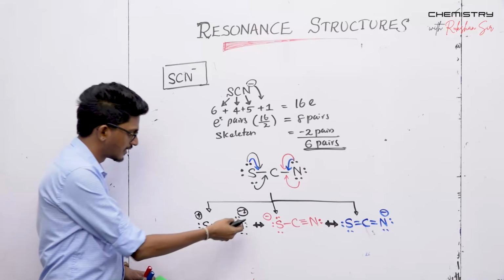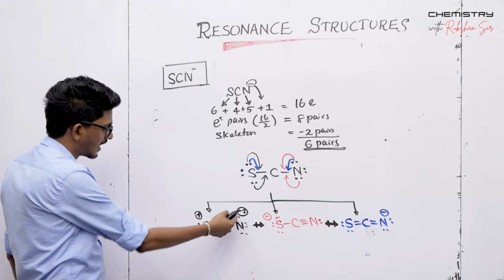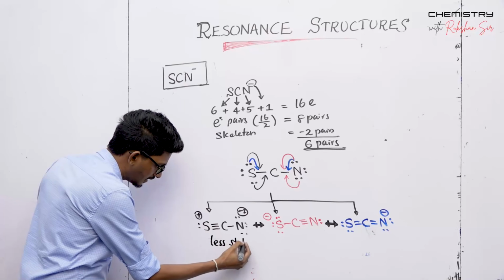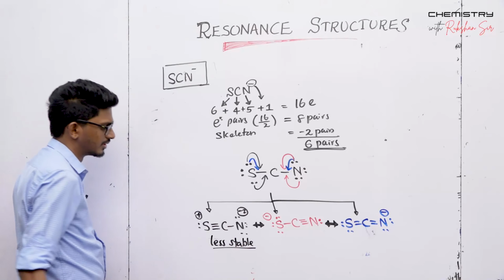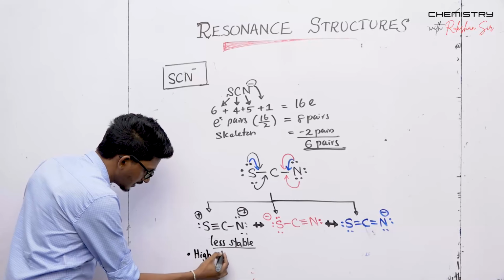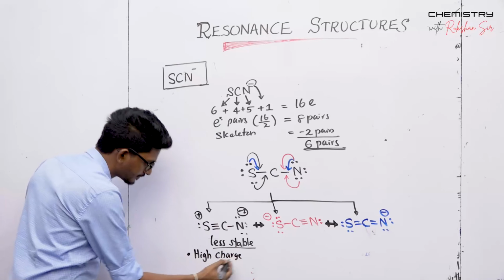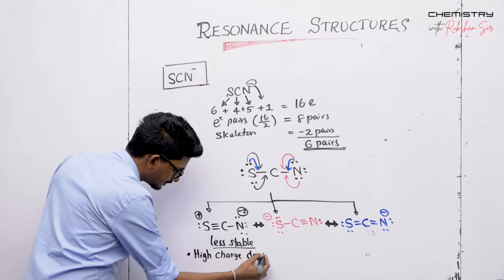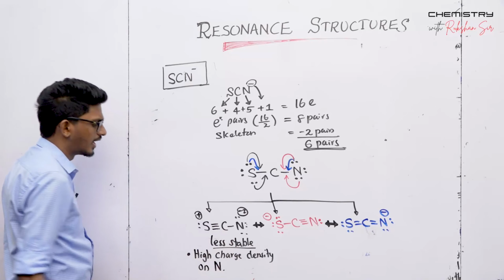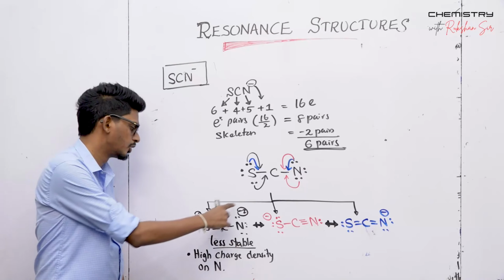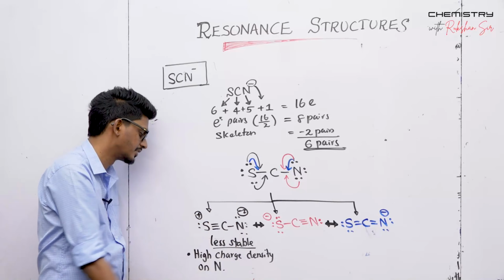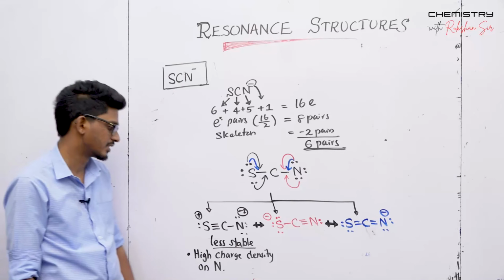So this is a situation with high charge density. So this structure is less stable. What is the reason? High charge density on nitrogen. If you are with more than 1 unit of charge on one of your atoms, that is a high charge density situation. That is a reason to become less stable.